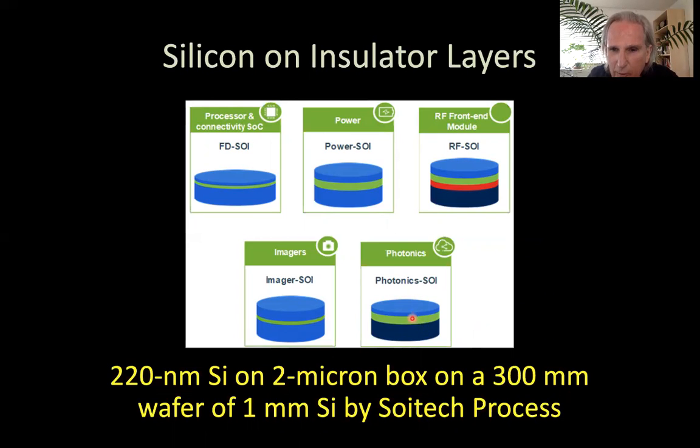The process by which you put these together is called a Soitec process. Generally, there's some wafer bonding where you wafer bond the oxide onto the Czochralski silicon substrate over here. And this is very pure epitaxial silicon that goes on the top.